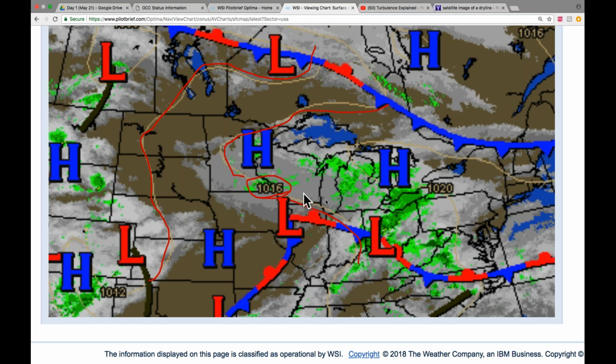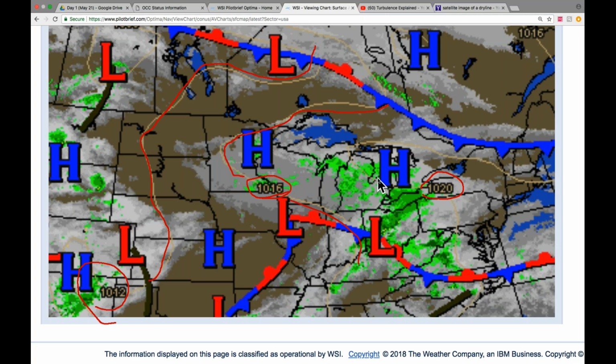Something to do with winds, like stronger winds. It's kind of like wind, right? Atmospheric pressure. Yeah. So this is our pressure gradient, right? So what this is identifying is basically how rapidly our pressure is changing.